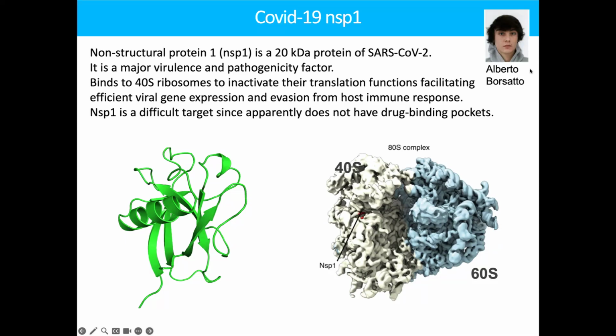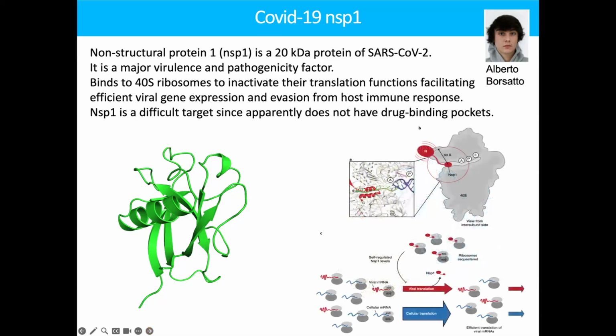This is something that I have done with my, at the time, student Alberto Borsato, who is now a postdoc in my group. Here is how non-structural protein 1 works by blocking the ribosome and then recognizing viral RNA with its N-terminal part. So it unblocks the ribosome while the viral RNA is close.